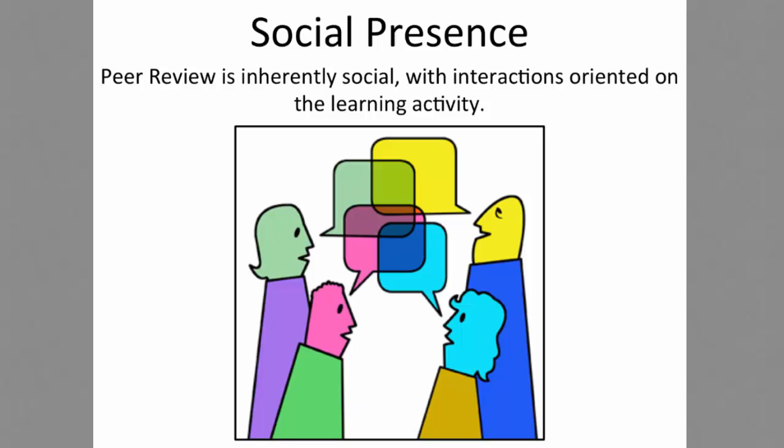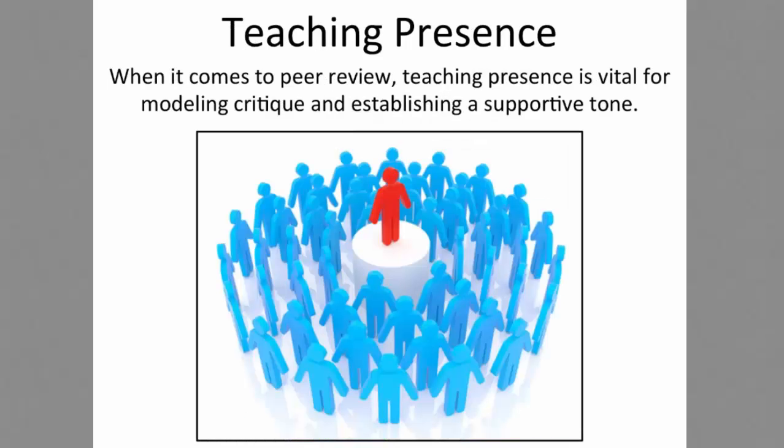So lastly, social presence for peer review. So this is the easy part for peer review because it's inherently social. And the interactions are oriented towards the learning activity. So that's the simplest one to enact when it comes to the English literature. And then actually, lastly, teaching presence.